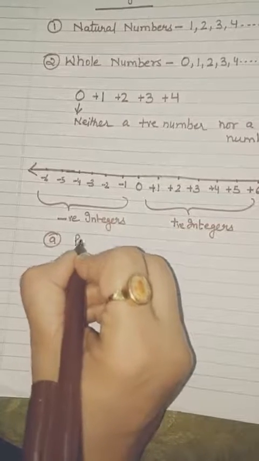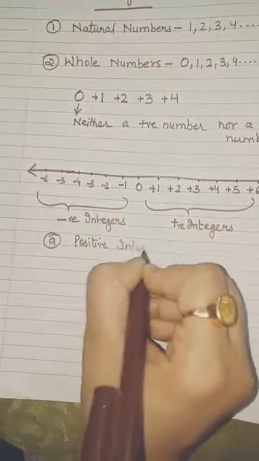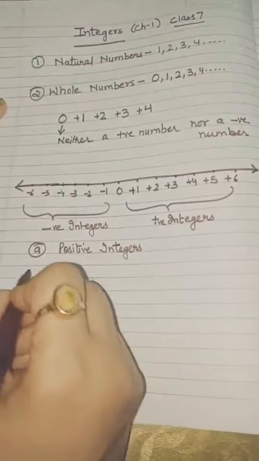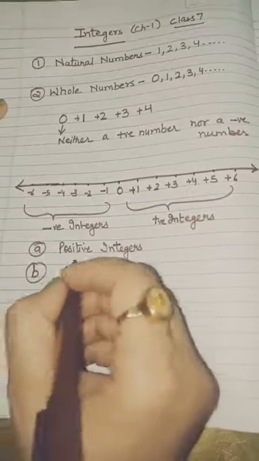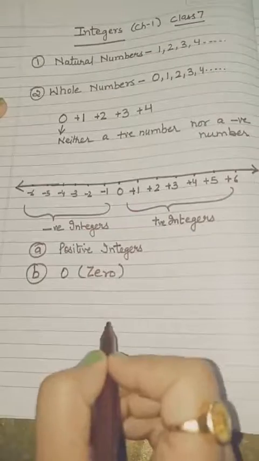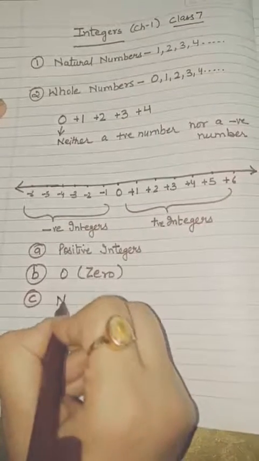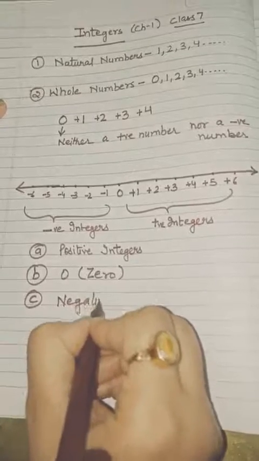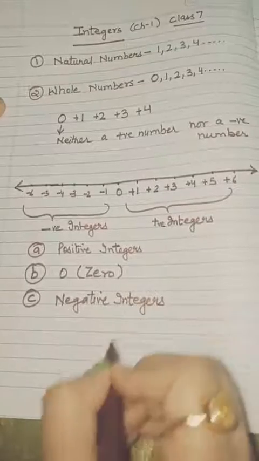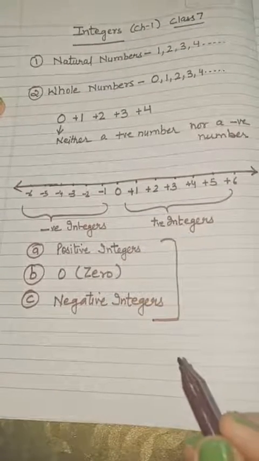A, we have positive integers, B, 0, and C, negative integers. So these three kinds of numbers make up integers.